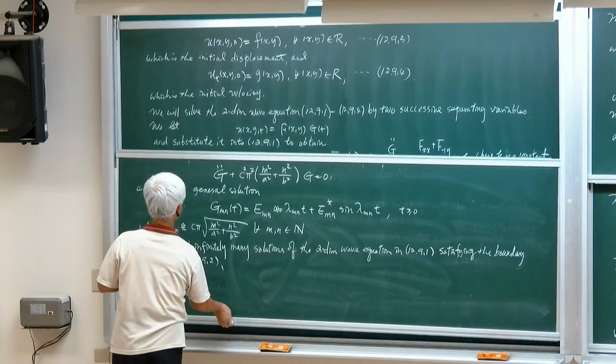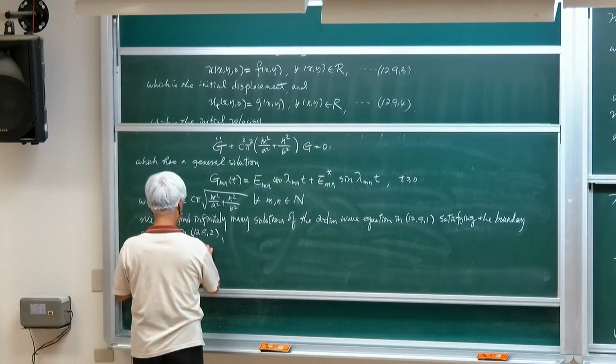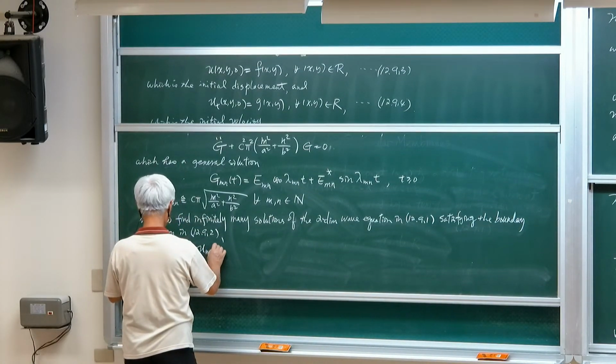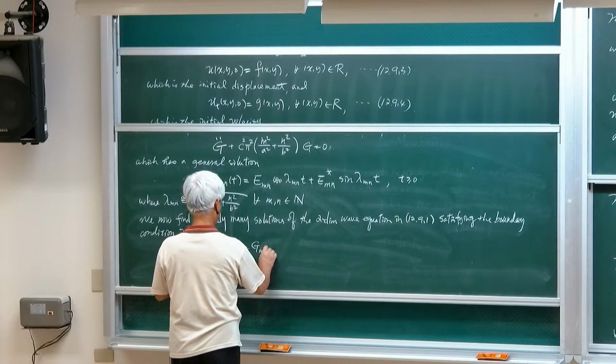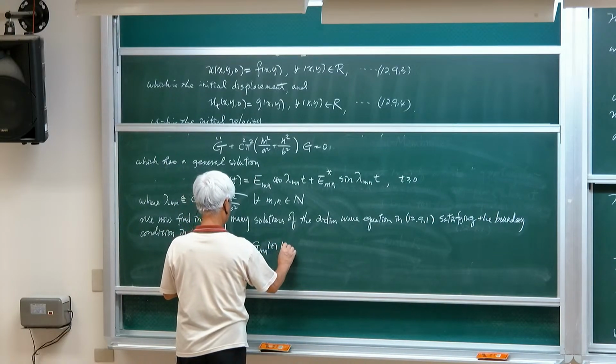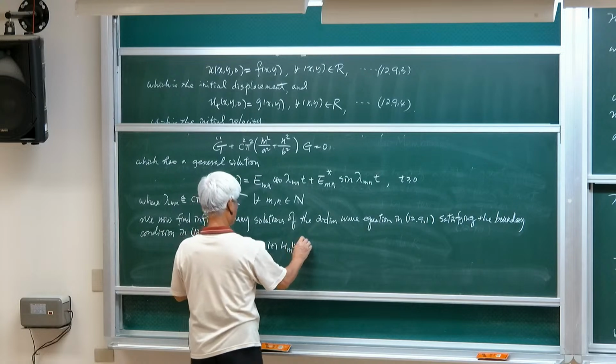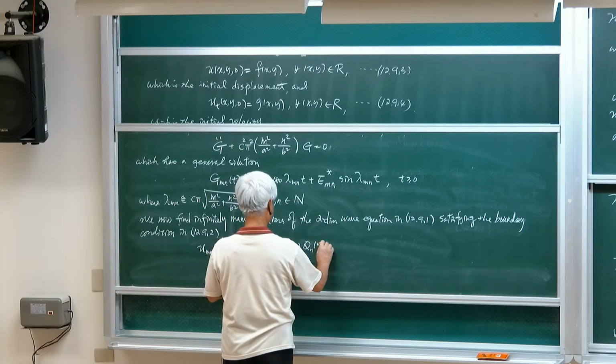Okay. So that u_mn(x, y, t) is equal to G_mn(t) H_m(x) Q_n(y).